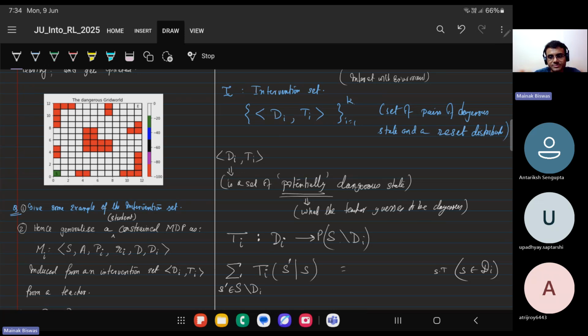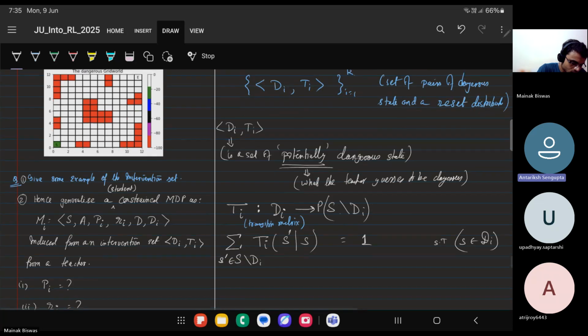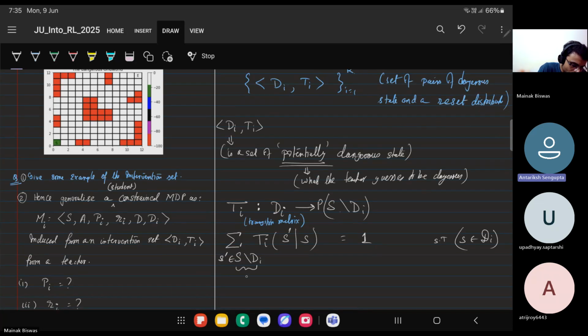Domain is only D_I. In the dangerous states, this is the transition matrix. Tell me, what will it be? It should be one, right? Correct. I'm just summing over all the S dash in S minus D_I states.